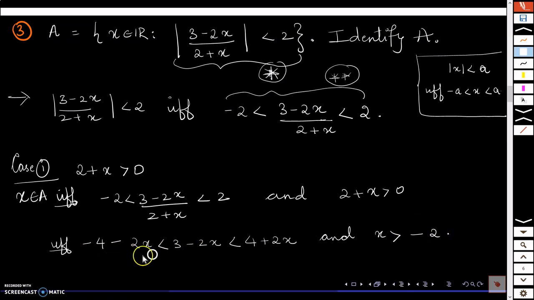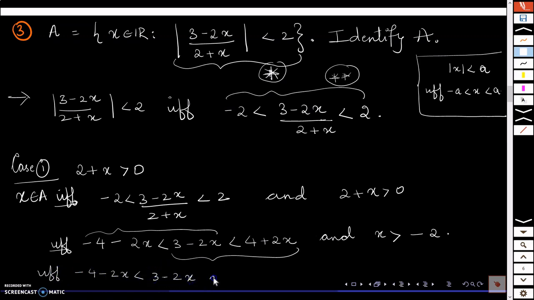So now this expression, we will break it into two parts. One is this, and the second one is this, right? So that will happen if and only if minus 4 minus 2x is less than 3 minus 2x.